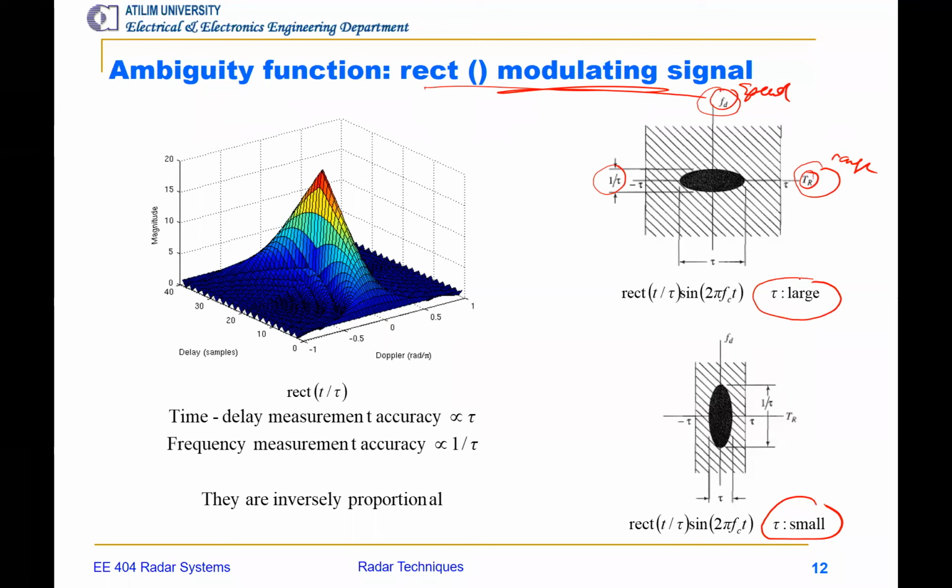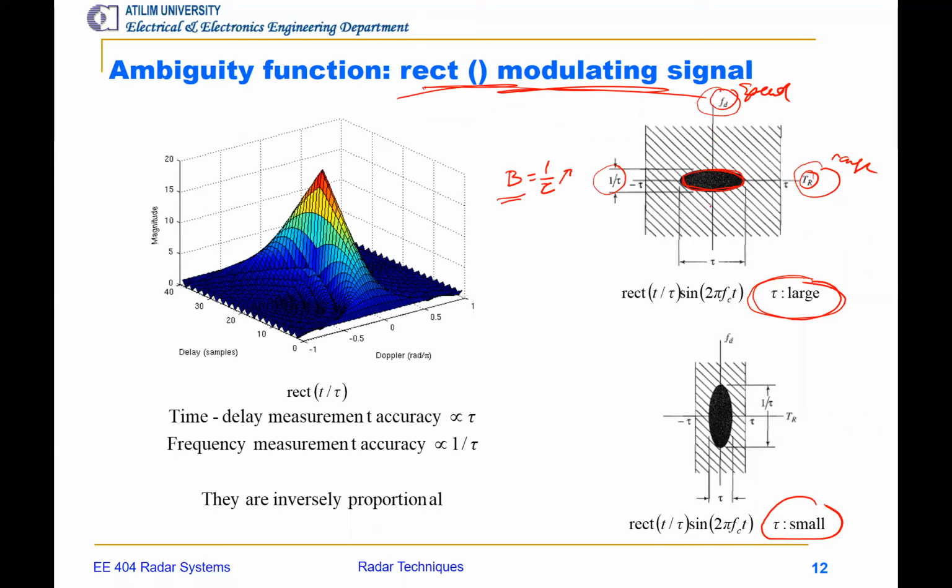When we take a large tau, the width of the ambiguity function is larger over the time axis compared with that on the speed axis. It's narrower on the speed axis because in a simple rectangular modulating signal, the bandwidth is 1 over tau. So if I increase tau, bandwidth decreases.